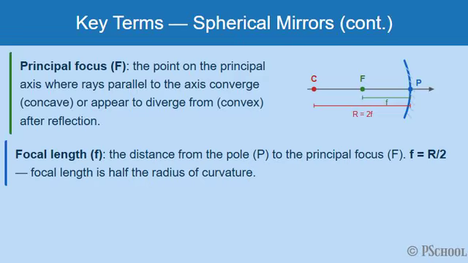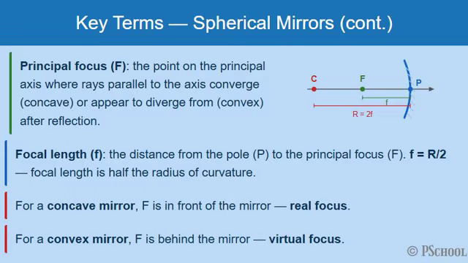The focal length f is the distance from the pole P to the principal focus F. Remember, f = r/2. For a concave mirror, F is in front of the mirror. It is a real focus. For a convex mirror, F is behind the mirror. It is a virtual focus.